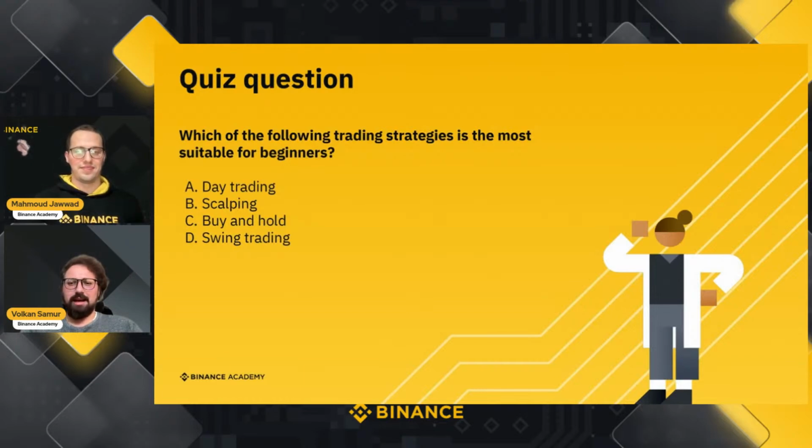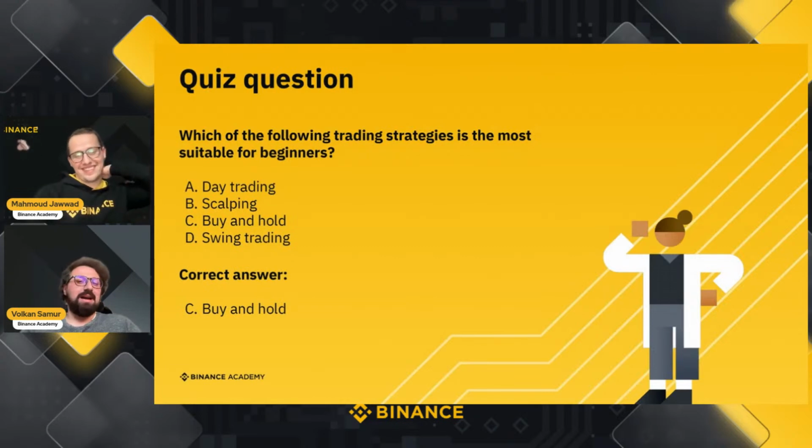So I see a lot of C's. I think this one we can just disclose. Of course, it is buy and hold, right? It's the easiest one. This one was easy.